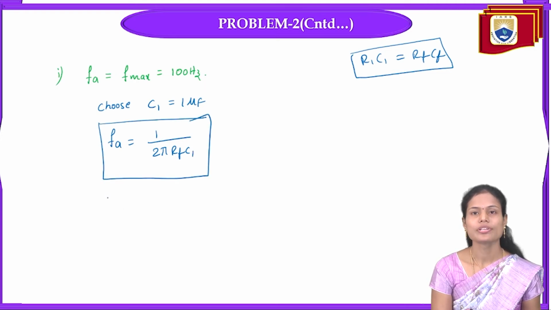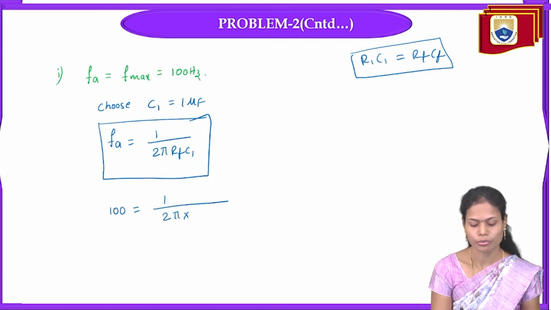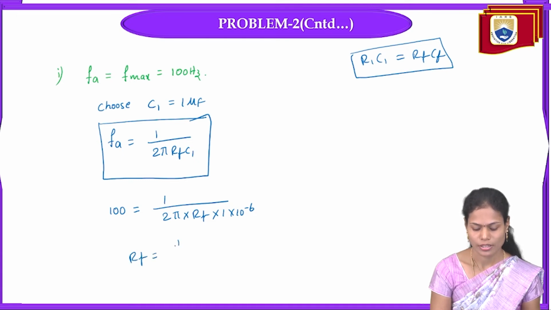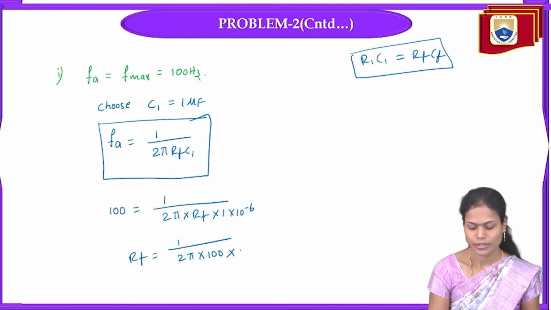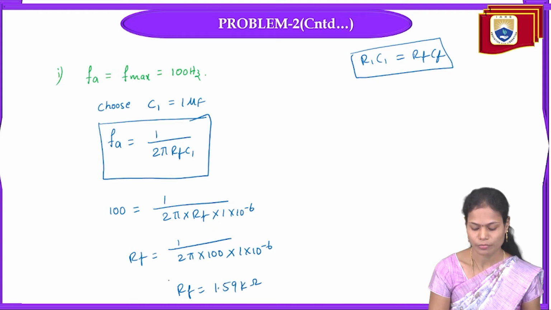So here Fa is 100 Hz, equal to 1 by 2 pi into RF, and C1 is 1 into 10 power minus 6. From this, RF is 1 by 2 pi into 100 into 1 into 10 power minus 6. If we simplify this, we get RF as 1.59 kilo ohms.